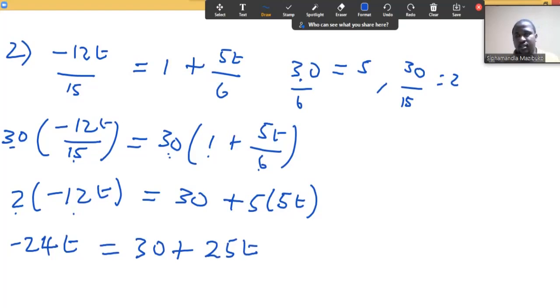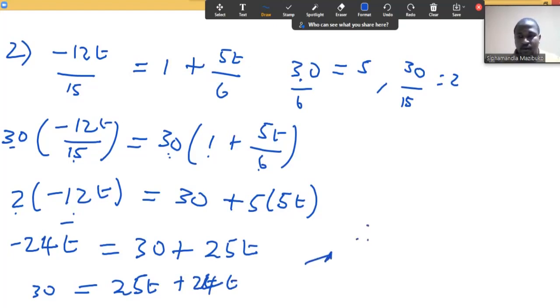So we can take the 24t to the other side and the 30 to the other side. So we should have 30 is equal to 25t plus 24t, and this means we'll be left with 30 is equal to 49t.